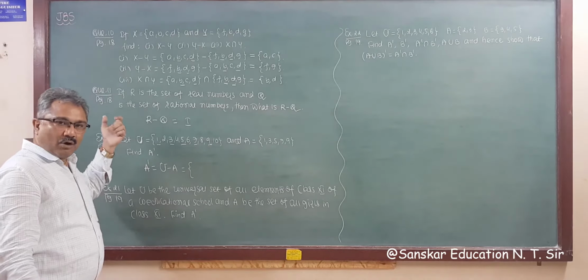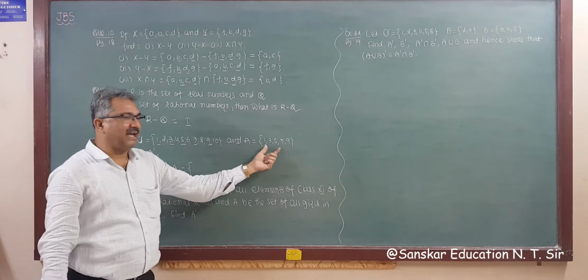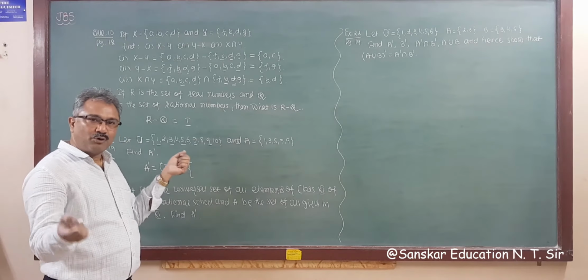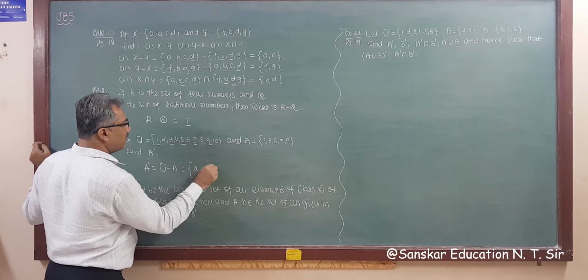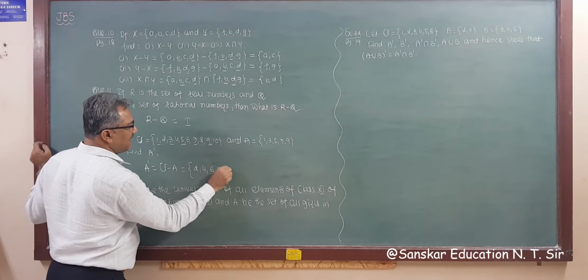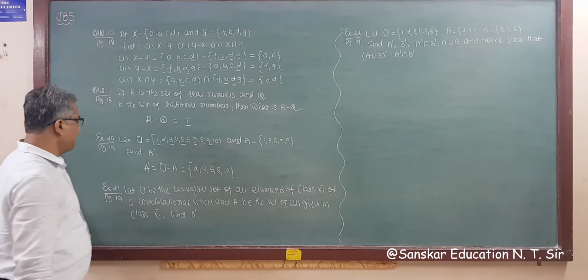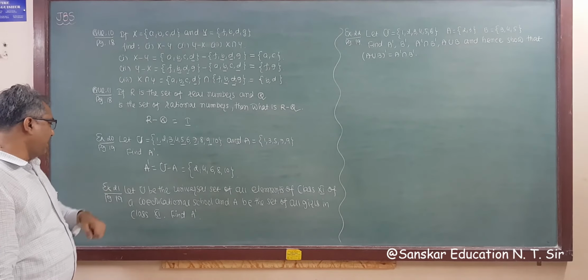So all elements except A from U is your U minus A. Remaining will be 2, 4, 6, 8 and 10. That is your A dash, that is U minus A.